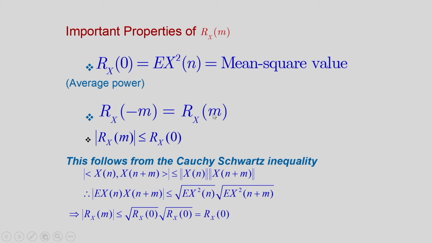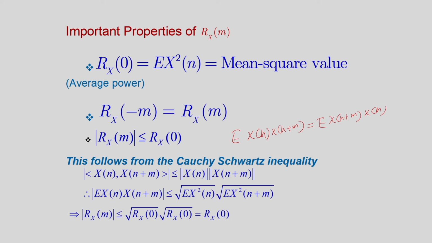And Rx of m is an even function, because what we can write is E of x n into x of n plus m. This is the same as if I interchange the order, E of x of n plus m into x n.